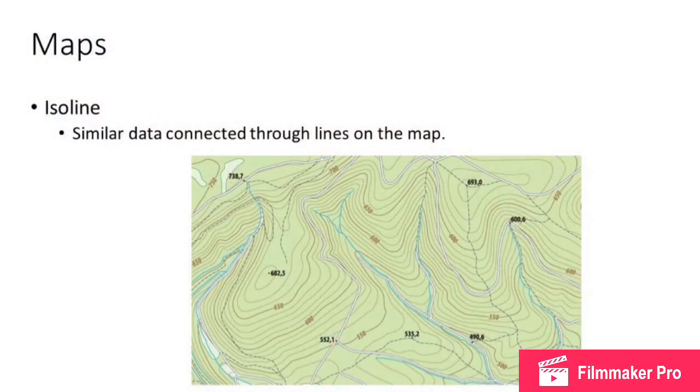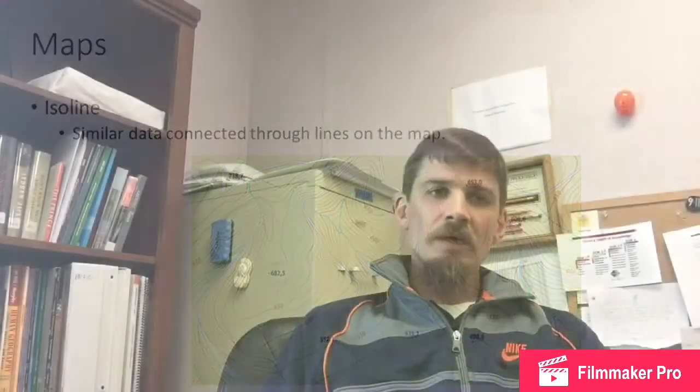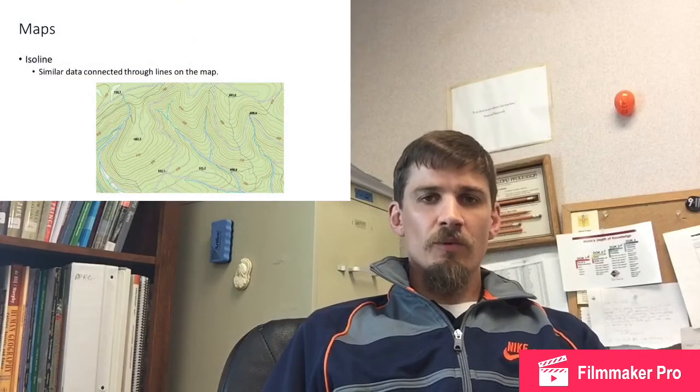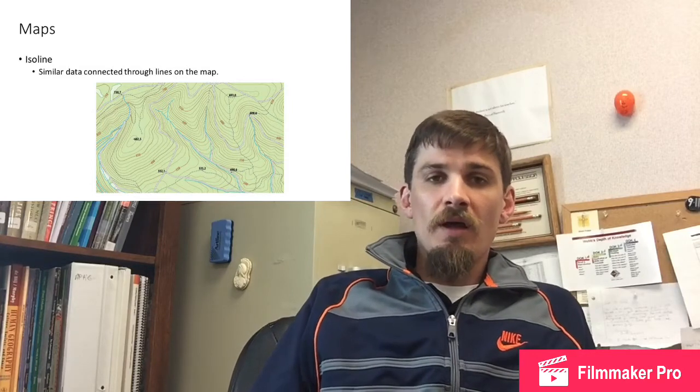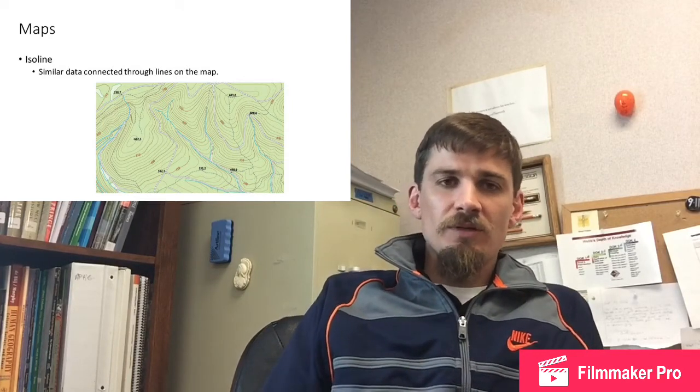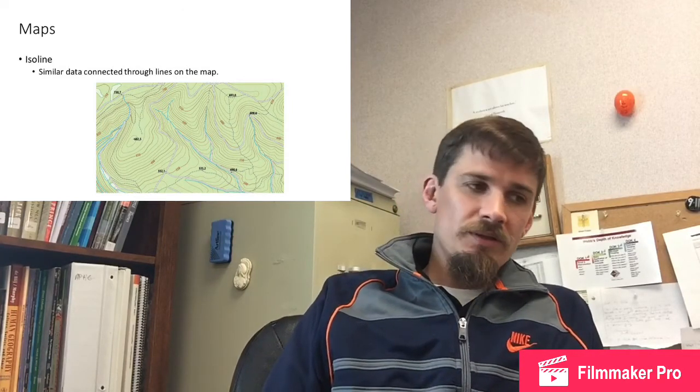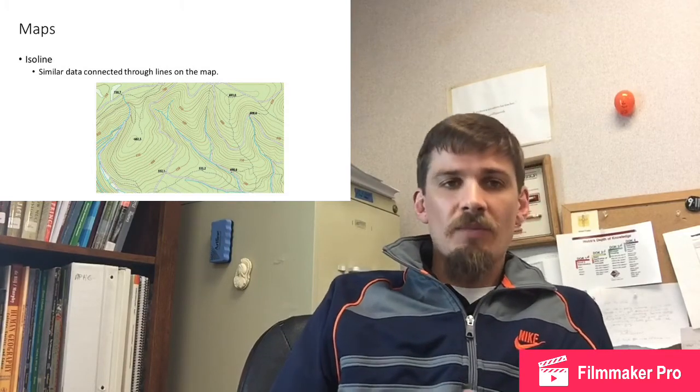So the first one we have here is what's called an isoline thematic map. Just think of it in these terms. It says isoline, so the word line is in it. Line is going to be a significant portion of isoline because what's happening with the isoline thematic map is that you are connecting the points of equal value along the line. And there are some different maps that do this. Probably one of the more popular ones that's used as isolines are topographical maps.